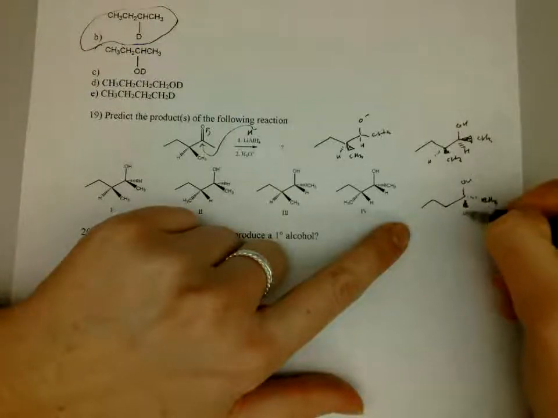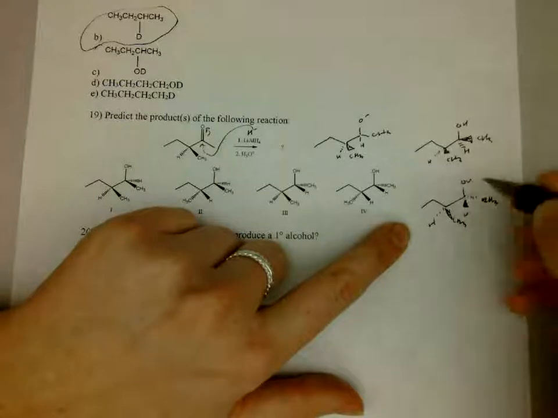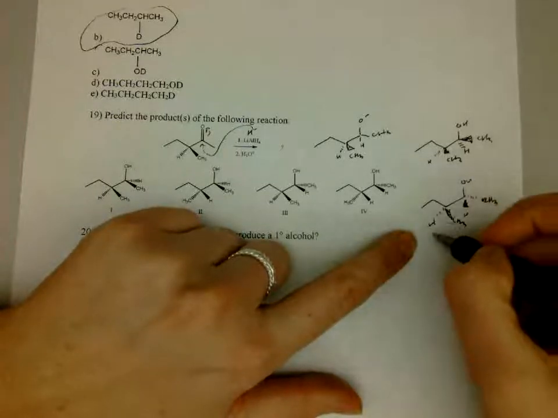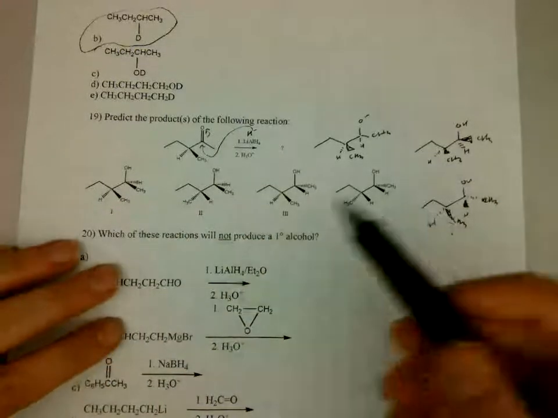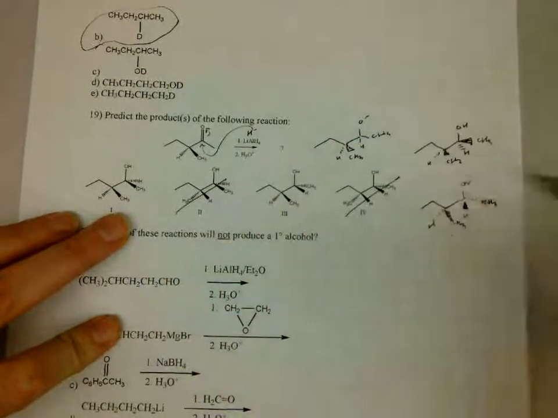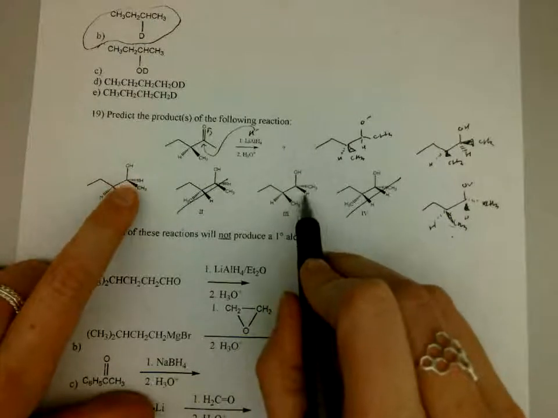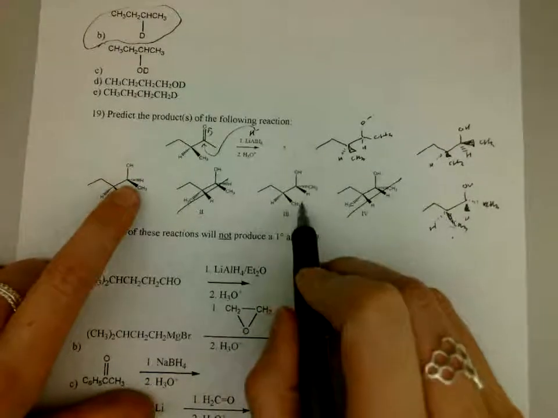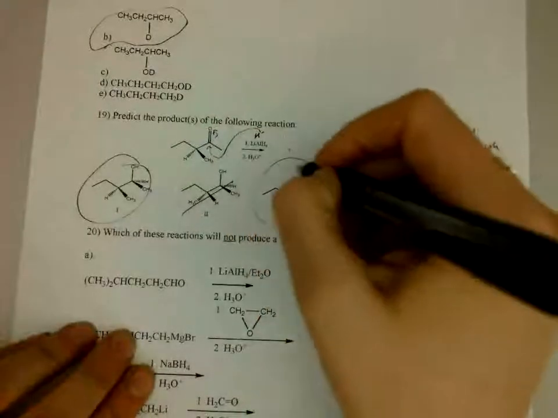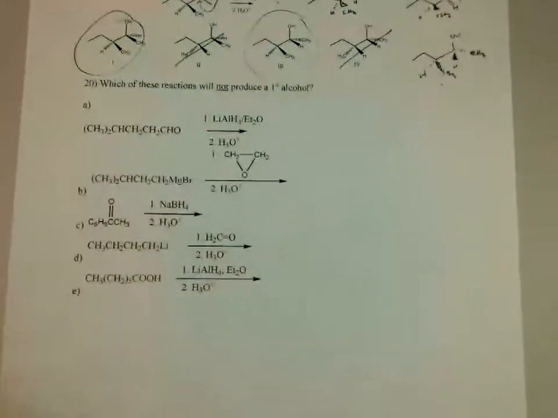CH3 and H. This carbon, however, that started out as an enantiomer shouldn't change. Sorry, that's terrible handwriting, but this should stay the same. So let's eliminate anywhere these change. And so then that leaves us with our alcohol here, for both of these, and the CH3 is a racemic mixture, so answer choices 1 and 3 would both be correct.